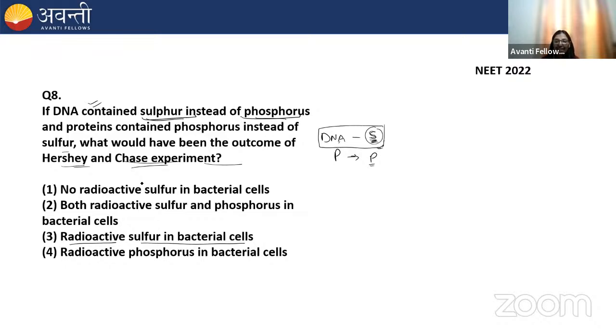But in this question, now the DNA contains sulfur instead of phosphorus. So the radioactive sulfur would be present in the DNA, and that means the radioactive sulfur would be observed in the bacterial cell. So the correct option is 3. I hope it is clear.